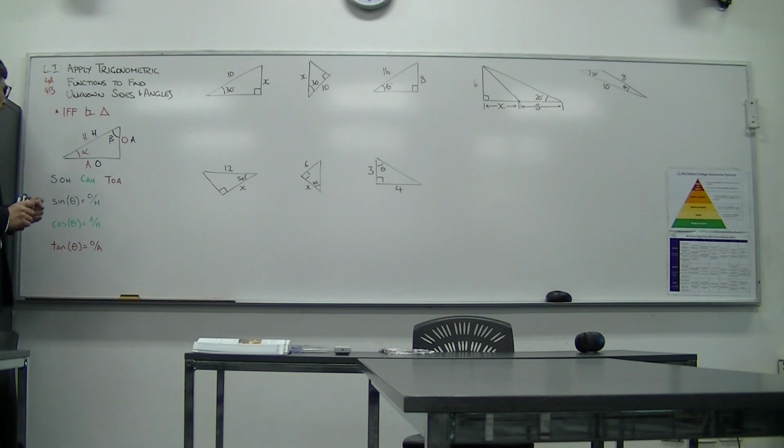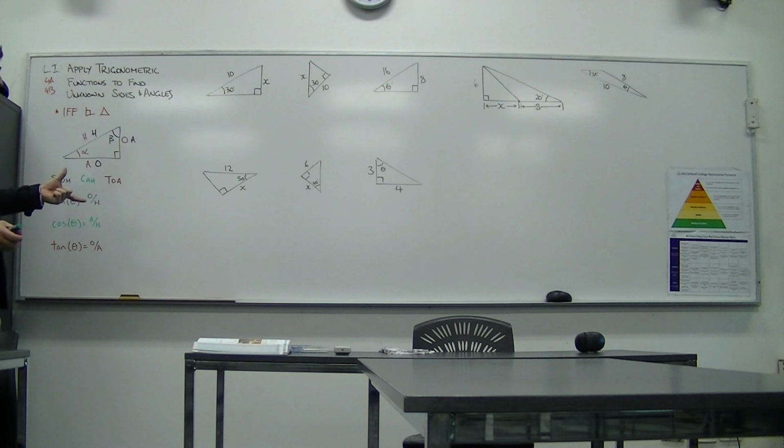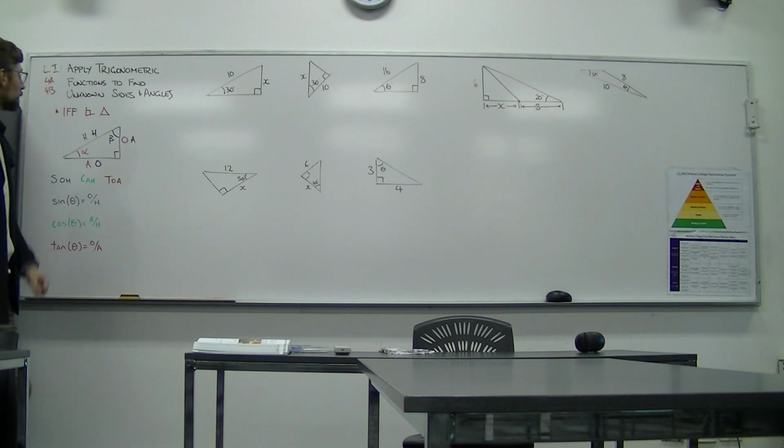Beautiful. Okay, so we've got some right angle triangle. Fantastic. Typically for angles, we use Greek letters. There's a whole bunch of Greek letters. You can literally just go Greek alphabet into Google and bring up a whole bunch of them.